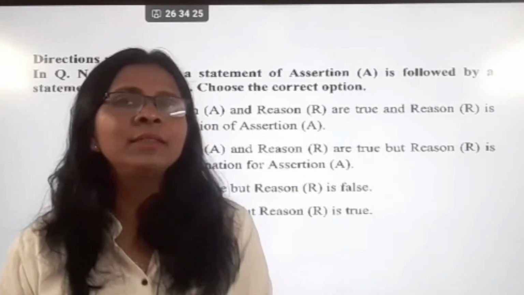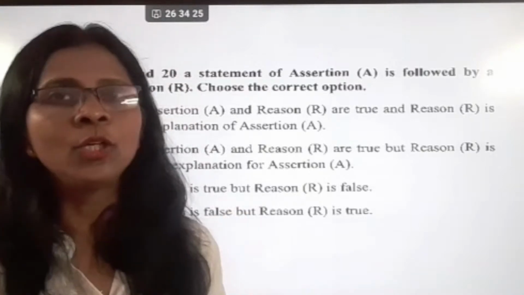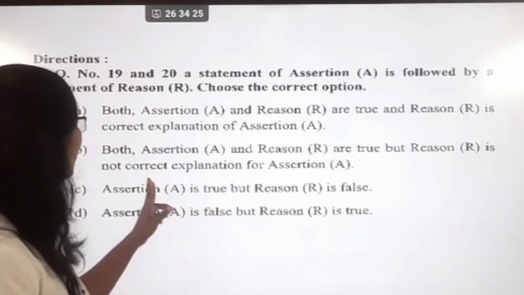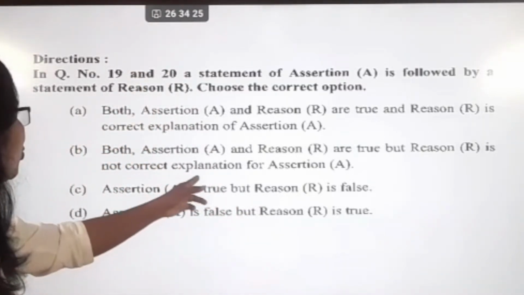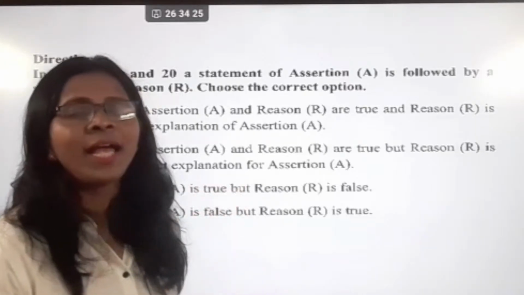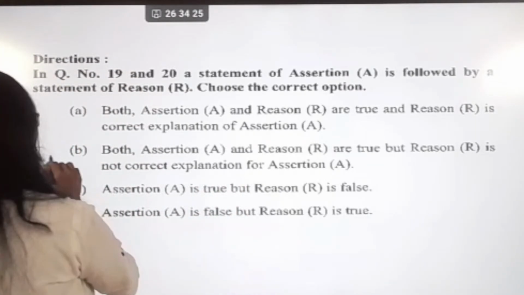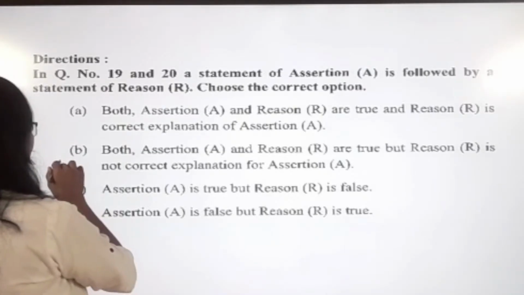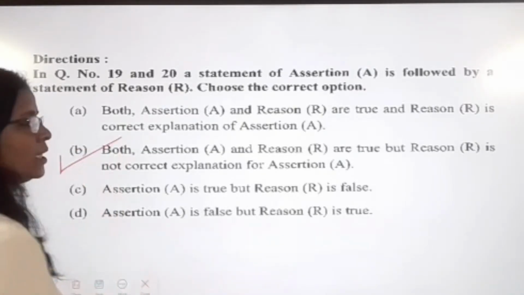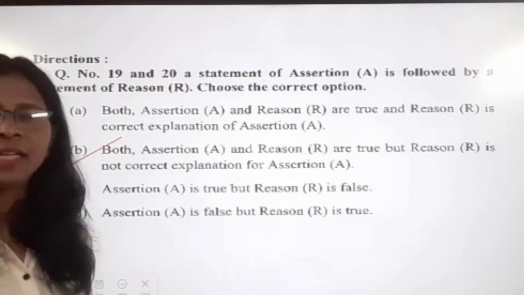So that will be the reason, and that's why the reason is not the correct explanation for assertion A. So here the correct option is B, students. The correct option is B for the 98th example.